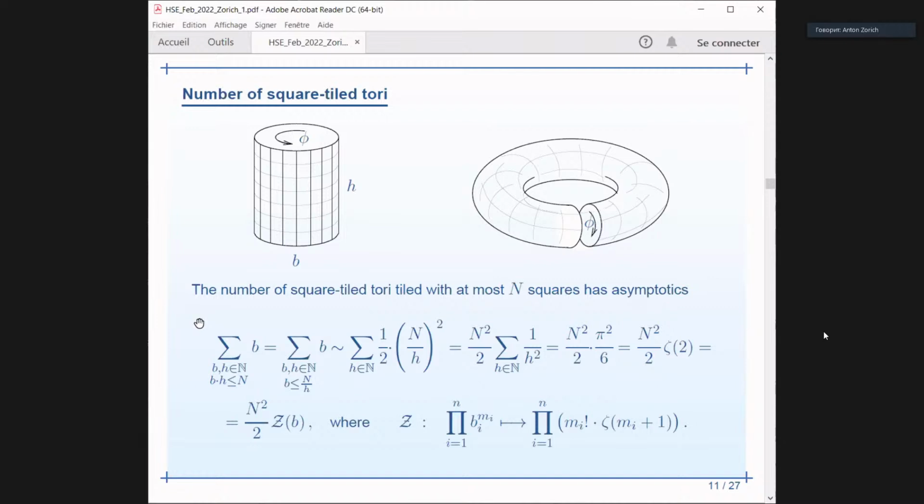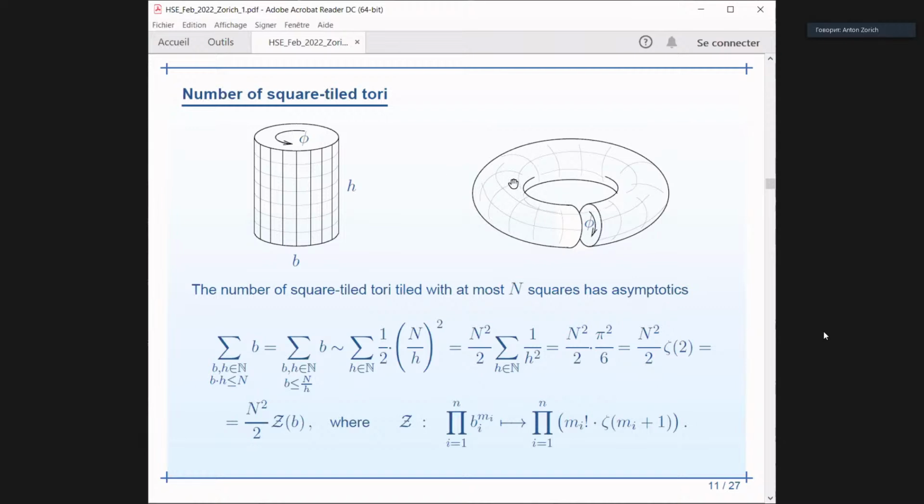the length of this horizontal curve, which would be b. It would have height h. And if I want to glue back a torus from a cylinder with parameters b and h, I have to choose some twist phi, which I will use when I identify two boundary components.